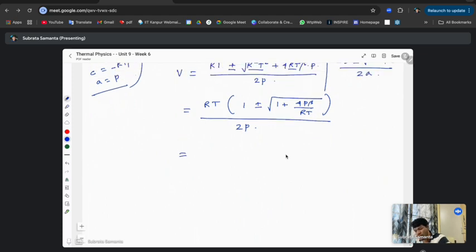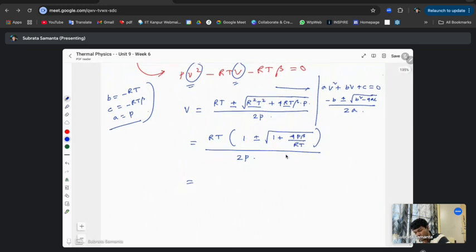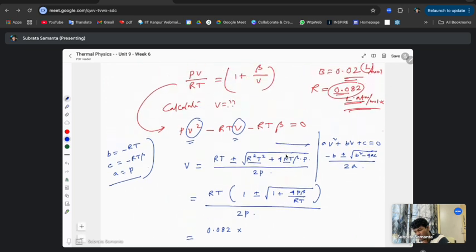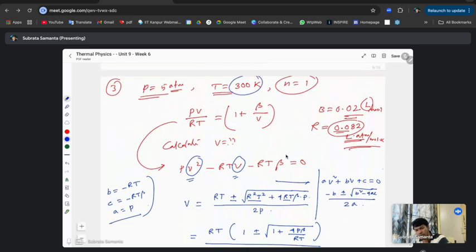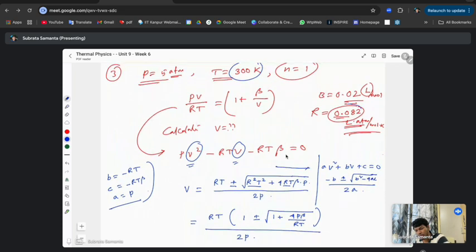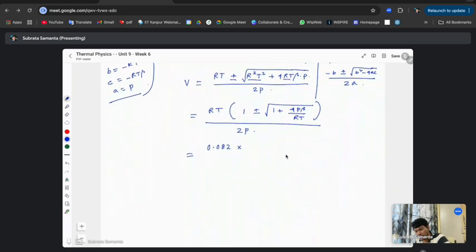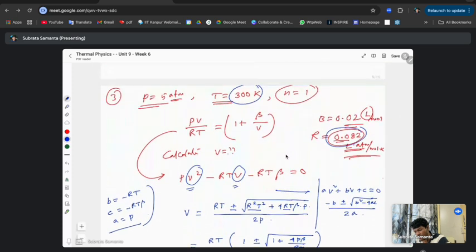So what is the value of R? It's 0.082 times, what is the value of T? T is 300 Kelvin, right? So use this R and T of 300, over 2 times P. What is the value of pressure? It is 5 atm, right?